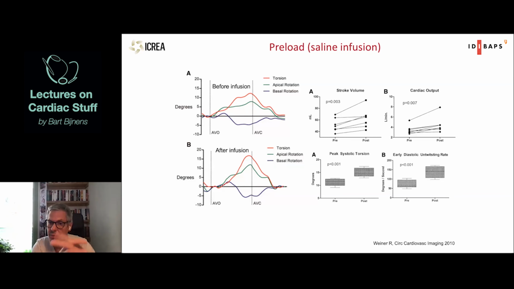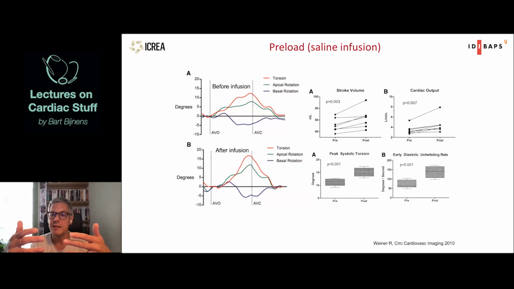The other thing which is very important here is that when you do an acute volume change, something called the Frank-Starling mechanism comes in. The Frank-Starling mechanism says that if you stretch tissue before the contraction, you can actually have more contraction: more force development and more deformation. More deformation is logical, because when you first stretch the myocytes, they can deform more, so you can increase your strain by initial stretching.